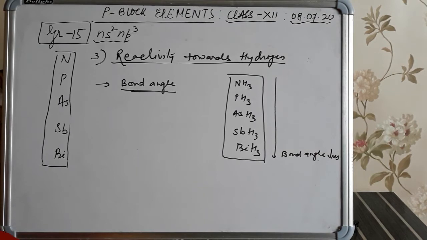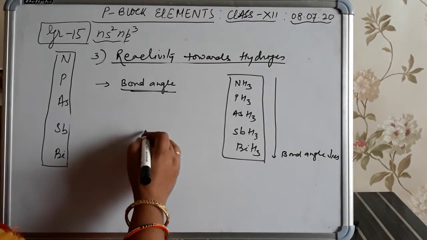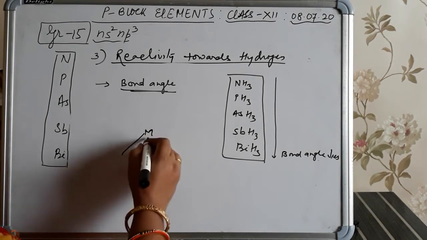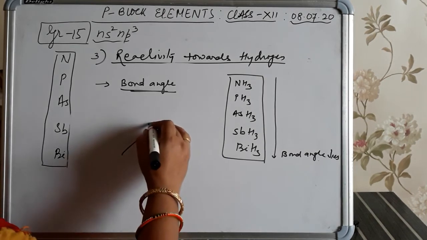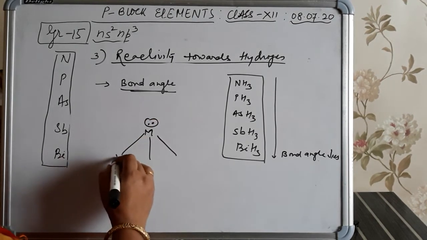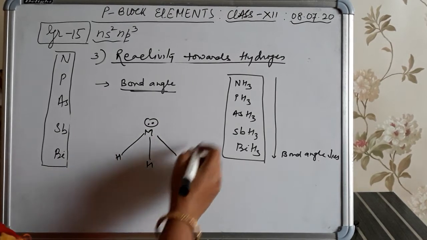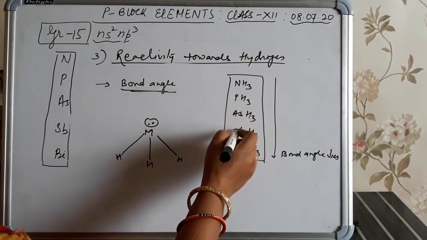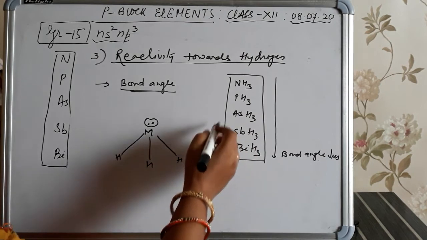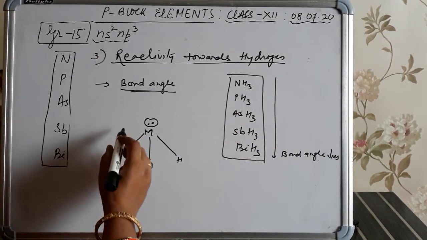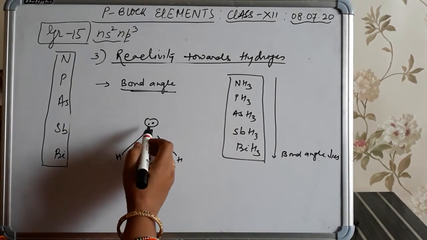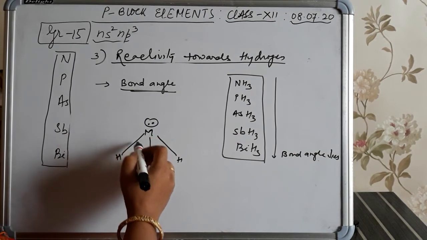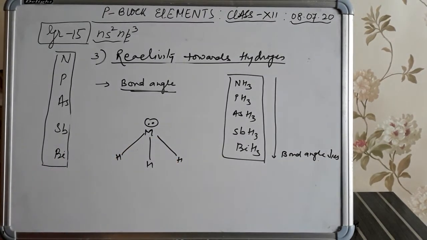As the size of the central atom increases, there is a gradual decrease in the force of repulsion among the shared and lone pair of electrons. Suppose we have a structure like this. As we move from top to bottom, the size of the central atom increases, so there is a decrease in the force of repulsion between lone pair and shared pair of electrons.